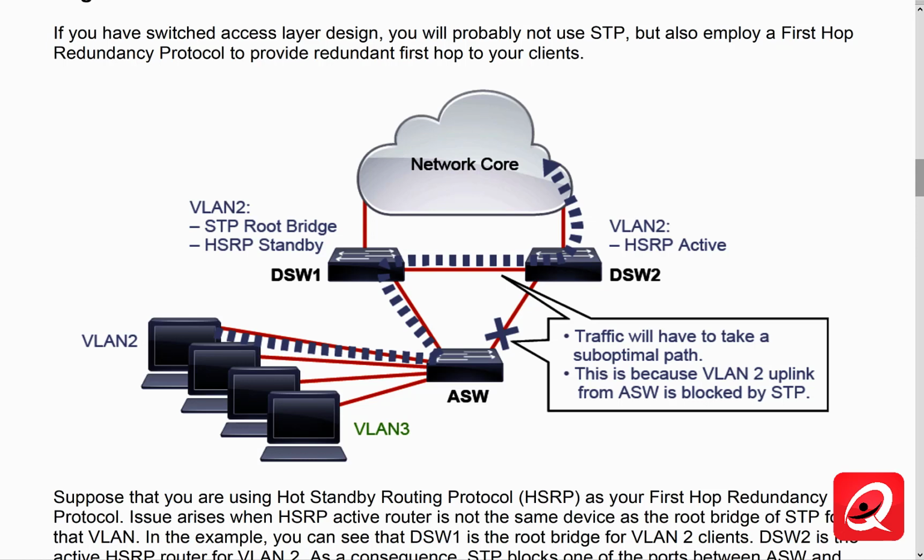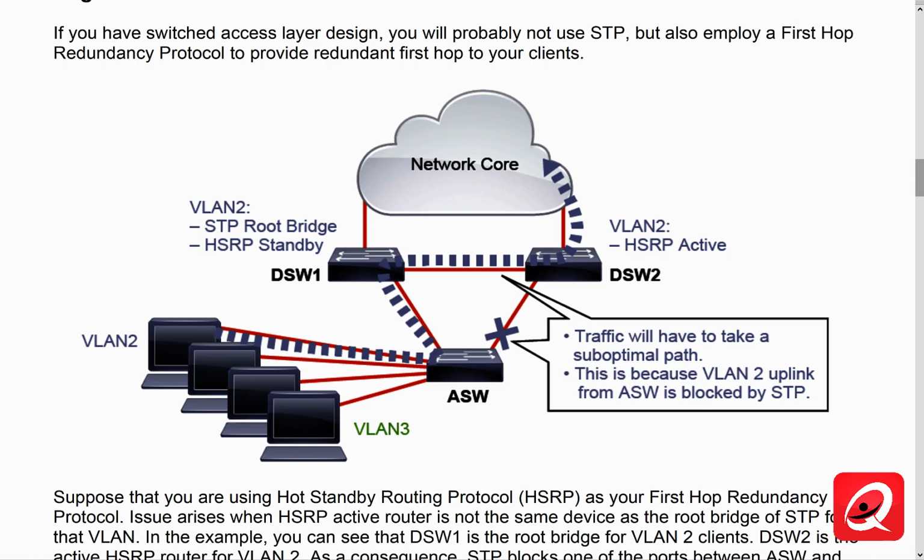The convergence time for those protocols is significantly different, right? The hello time in HSRP is 3 seconds and the dead timer is 10 seconds. Rapid spanning tree, of course, is going to converge much faster than that. So you may decide to tune your HSRP timers to match your spanning tree domain.